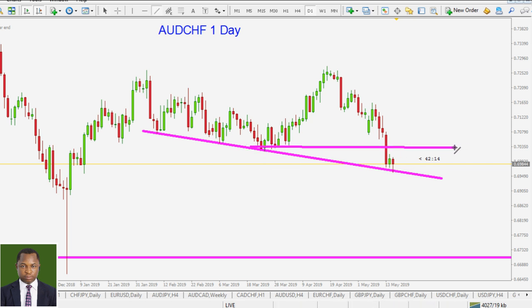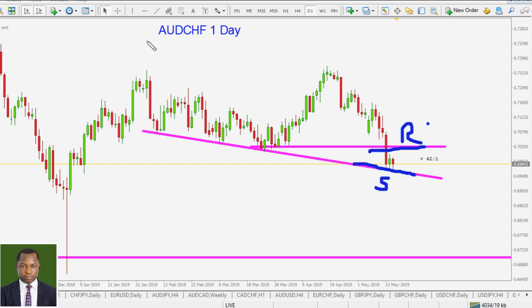That's also a level of resistance. You can see that level right here. Former support broken may act as resistance for price to come back down. So price is trapped between support and resistance.